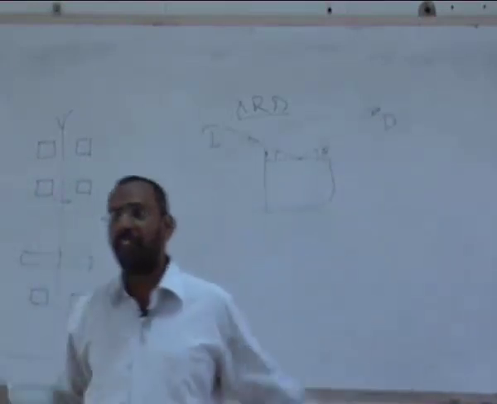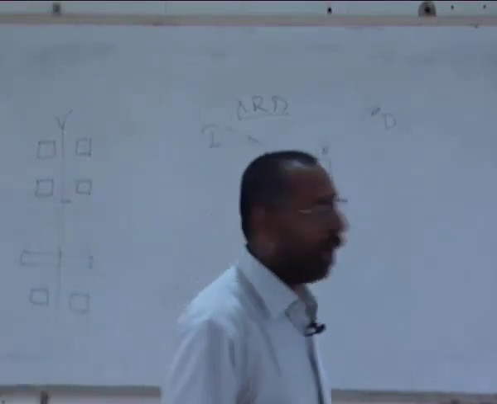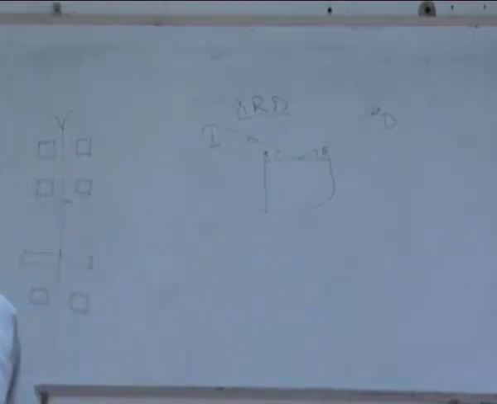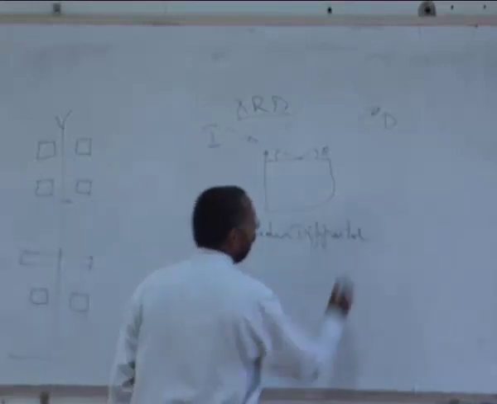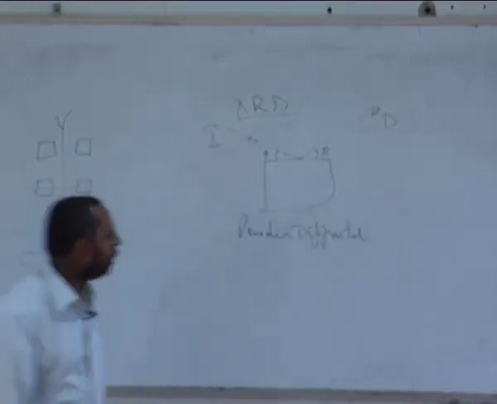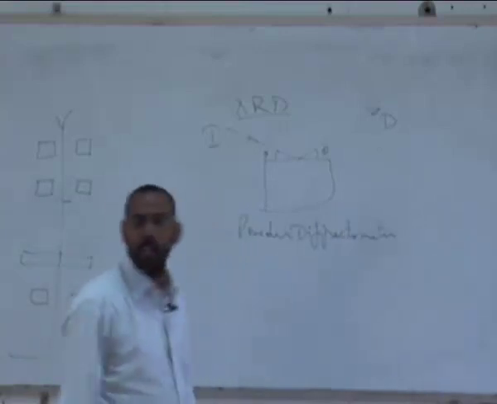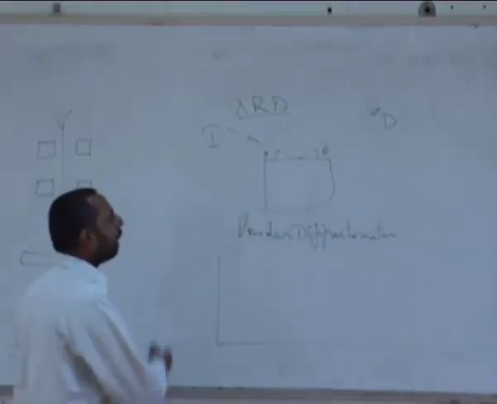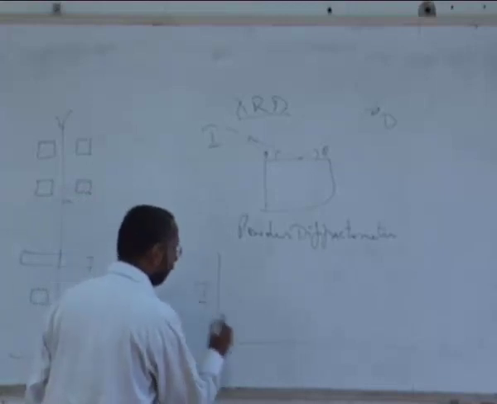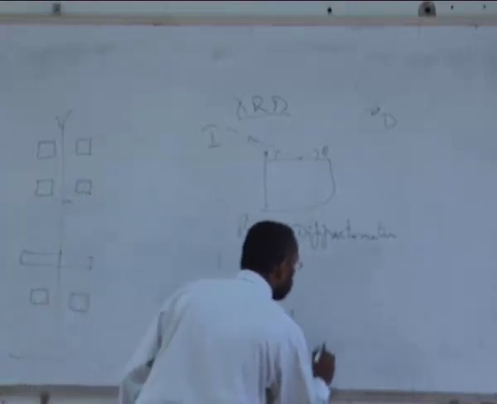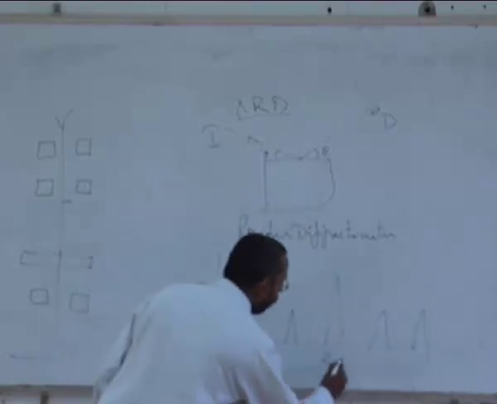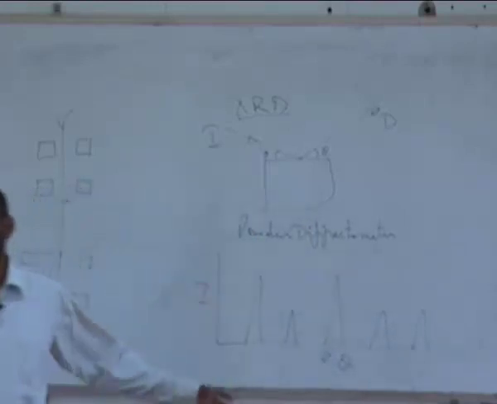By analyzing these diffracted beams that are coming out, and there are so many techniques we talked about, the most popular technique nowadays is called powder diffraction. They call it a diffractometer. In such a setup, you get a set of peaks like this as a function of 2 theta or theta, whatever it is.